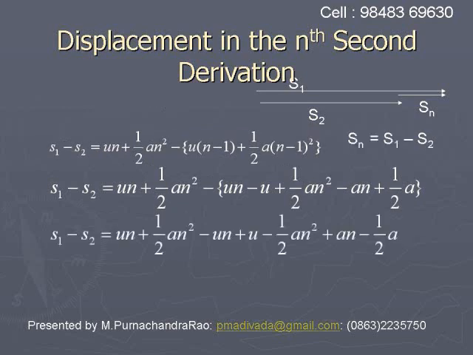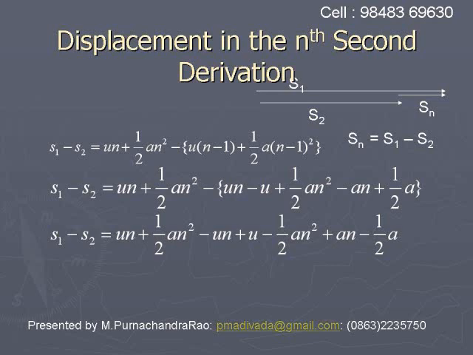Now let us multiply these terms with the negative sign, then we will get S1 minus S2 is equal to un plus half an square minus un plus u minus half an square plus an minus half a.